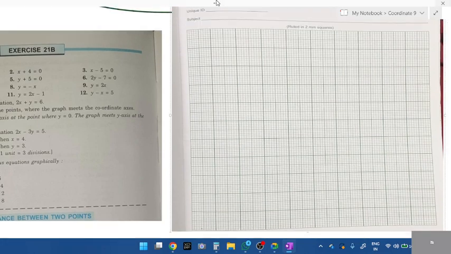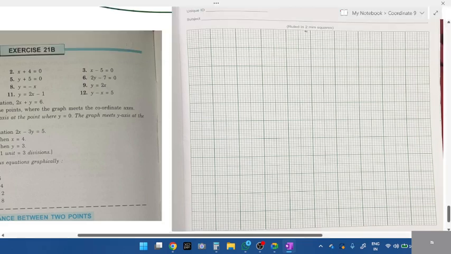Look at the first question. All of you will draw the x-axis, y-axis, and draw the graph.